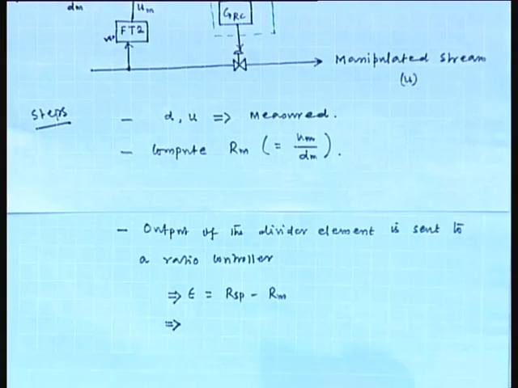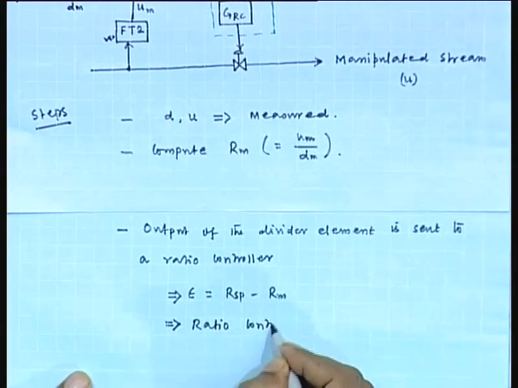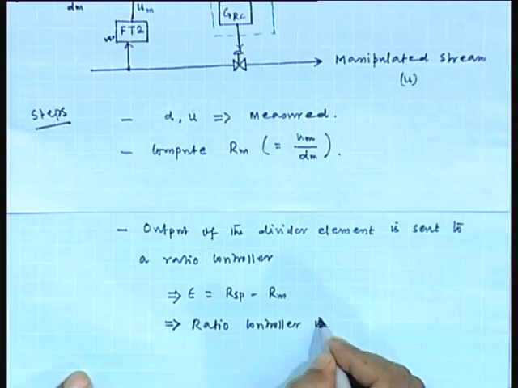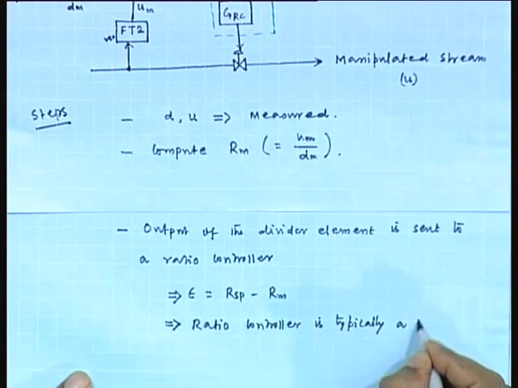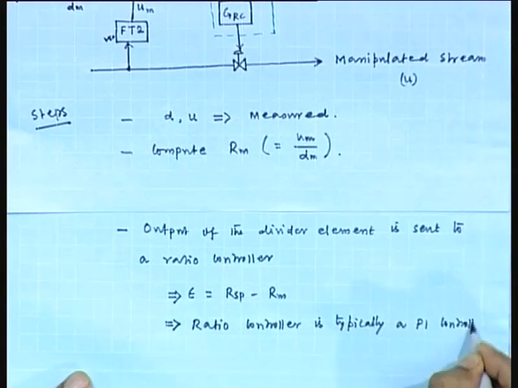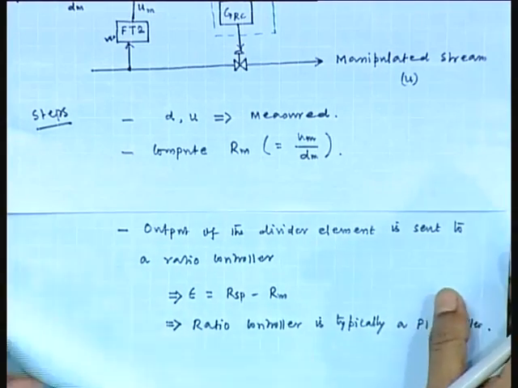Now, this ratio controller is typically a PI controller. Fine. Now, at the beginning I mentioned that the ratio controller is a special type of feed forward controller. Now, we are saying that the ratio controller is a PI controller, which is a feedback controller.